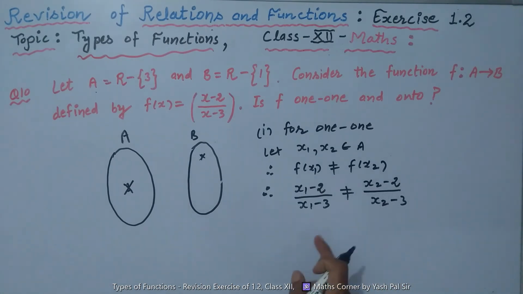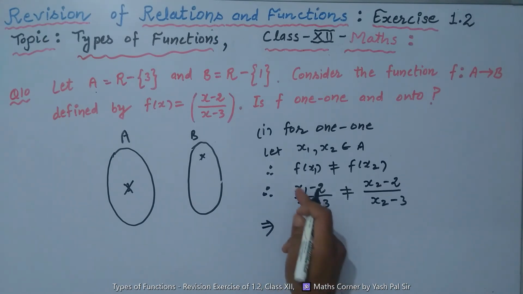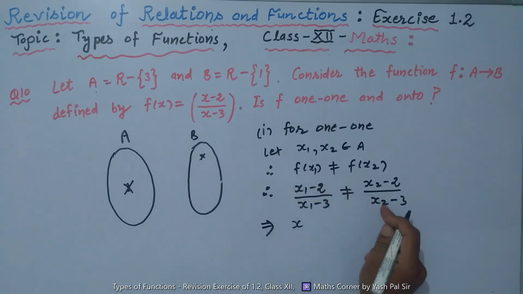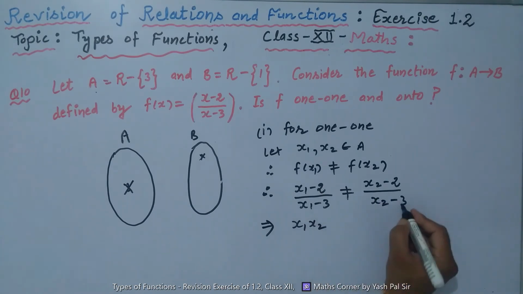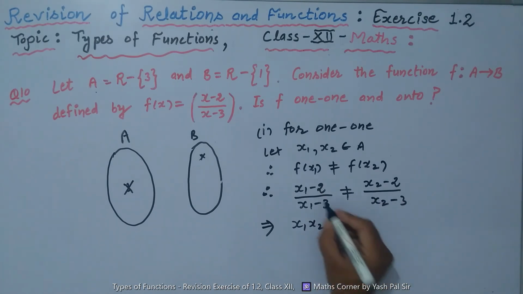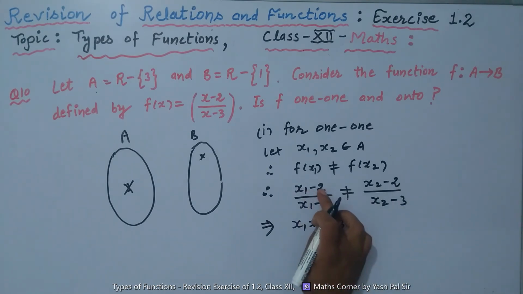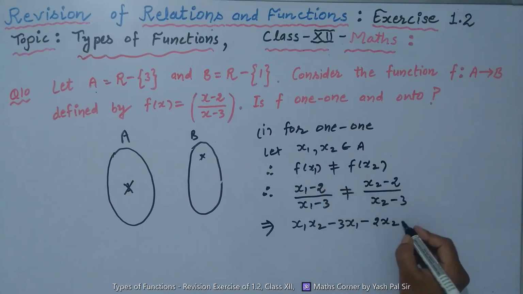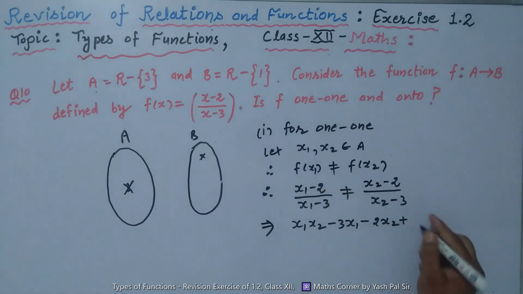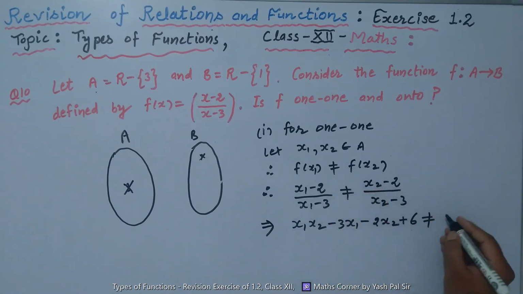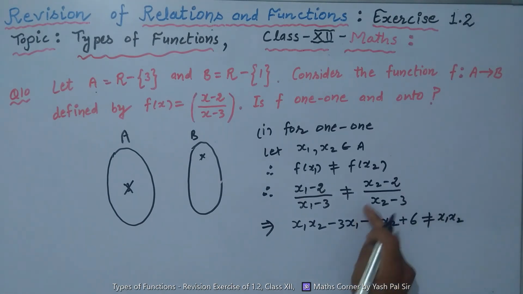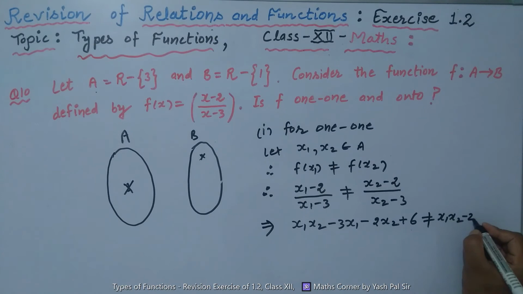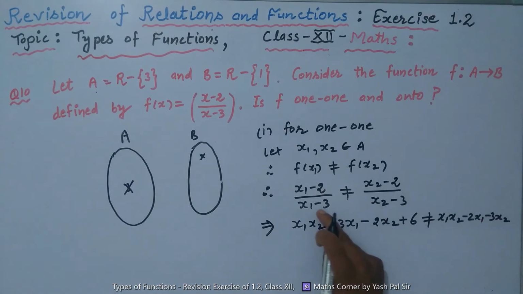Suppose this is not equal. So now we cross multiply: x1 into x2 minus 3 into x1, minus 2 into x2, plus 3 into 2 equal to 6. Next, not equal to sign, x1 into x2 minus 2x1 minus 3x2 plus 6.